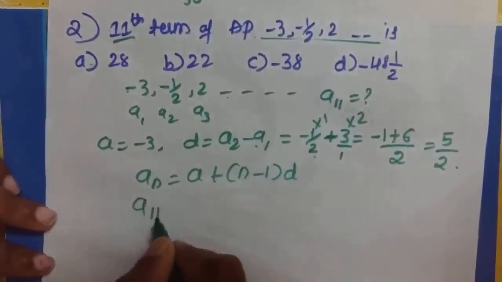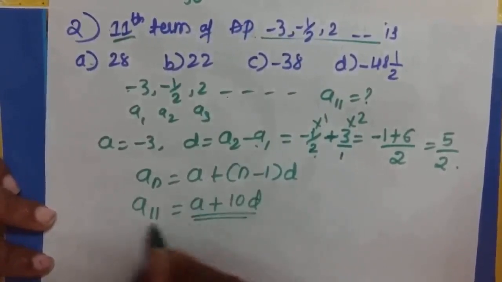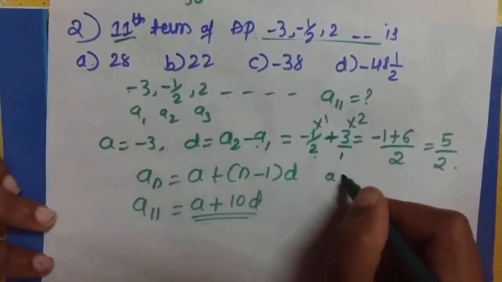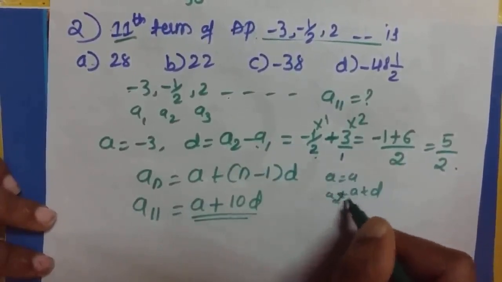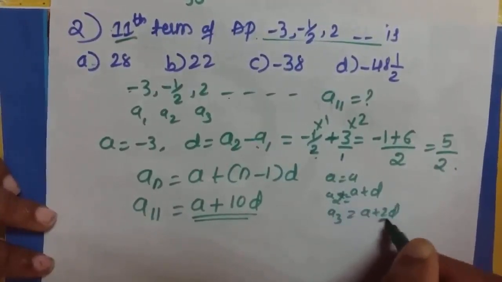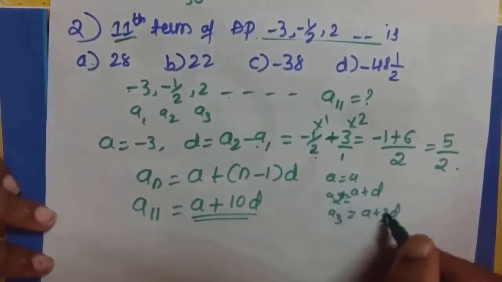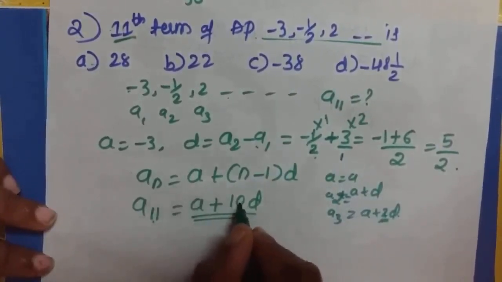So then the 11th term is a plus 10d. Generally we can write the first term is a, the second term is a plus d, the third term is a plus 2d. That is n minus 1, so for 3, 3 minus 1 is 2d. That's why for the 11th term, 11 minus 1 is 10d.